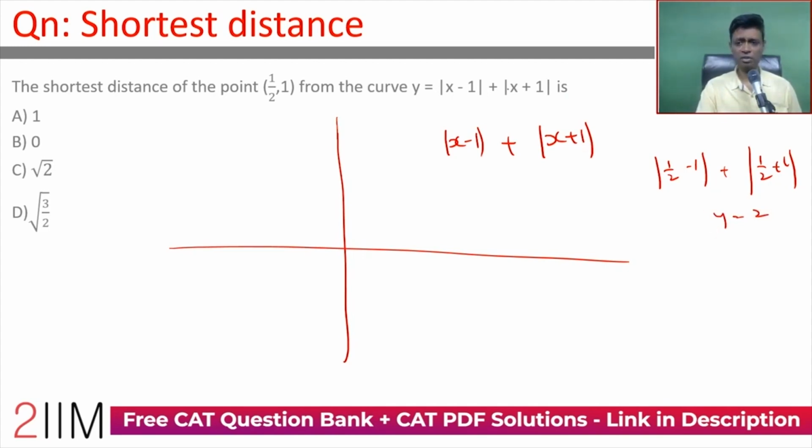It seems to be a very interesting curve. Y will be entirely positive. That much we know. I'm going to imagine and draw this curve, even if it takes a while. This is going to be, y is entirely positive. It's going to be a set of straight lines. I'm going to put a bunch of values. Let's say we put x equal to 0. Then y will be 2. 0 comma 2.